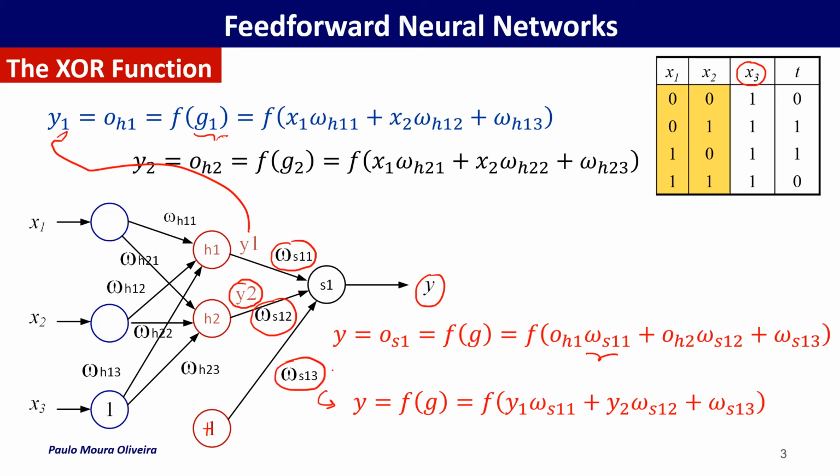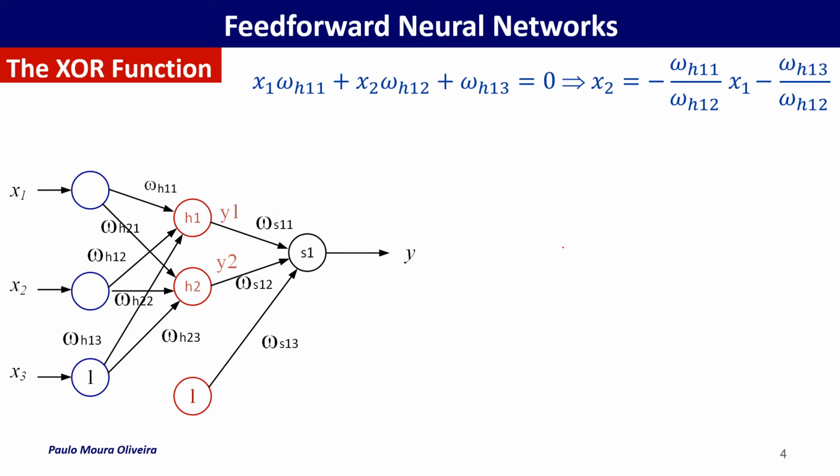Okay, the activation function here is a step function with a threshold which is 0. So if we rearrange the equation to obtain the discriminative line, we obtain this equation for the line, x2 as a function of x1.